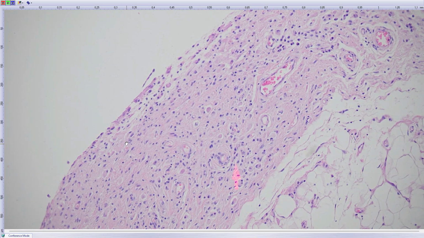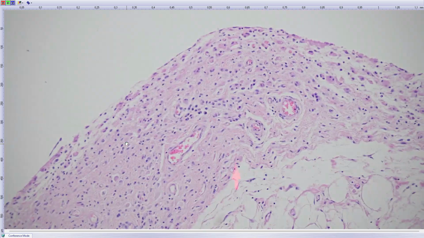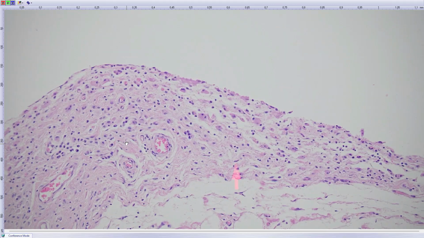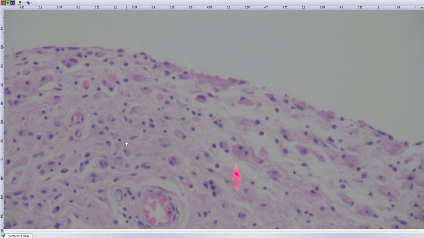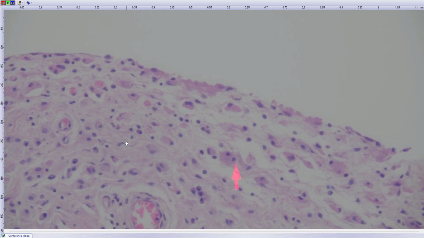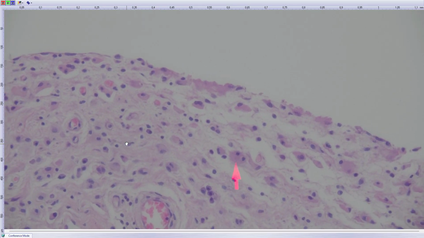When you keep looking around, you see they are almost everywhere. It really seems to be the dominant component. And what is very interesting and useful, in some places, the cells have this stuff inside.